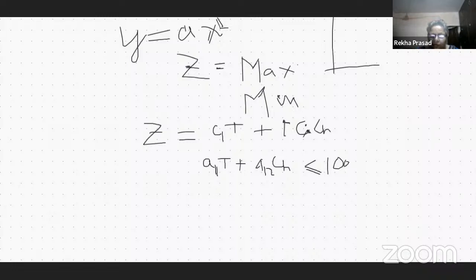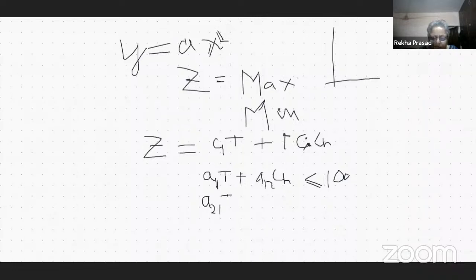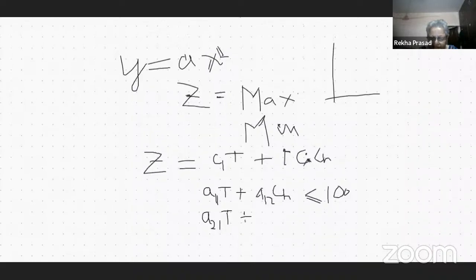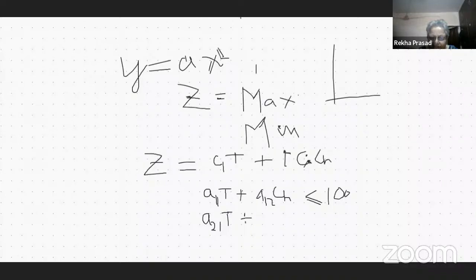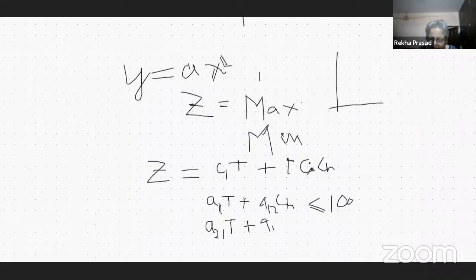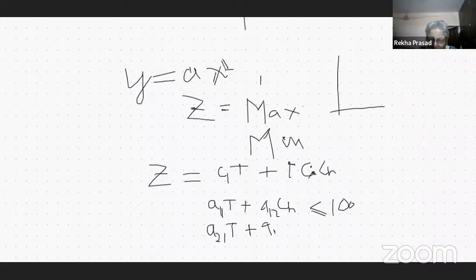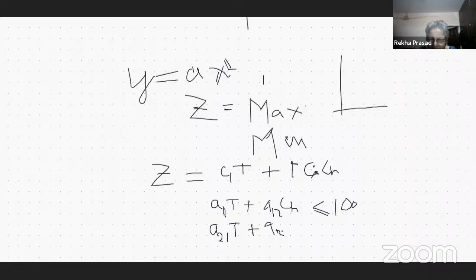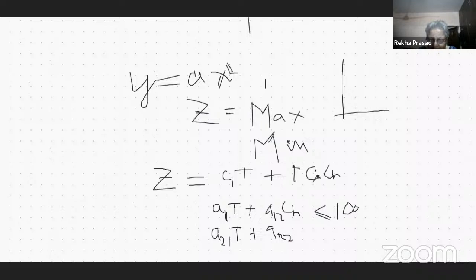Similarly, to produce one table, you use A2 unit of manpower. And to produce one chair, you use A22 unit of man-hour.